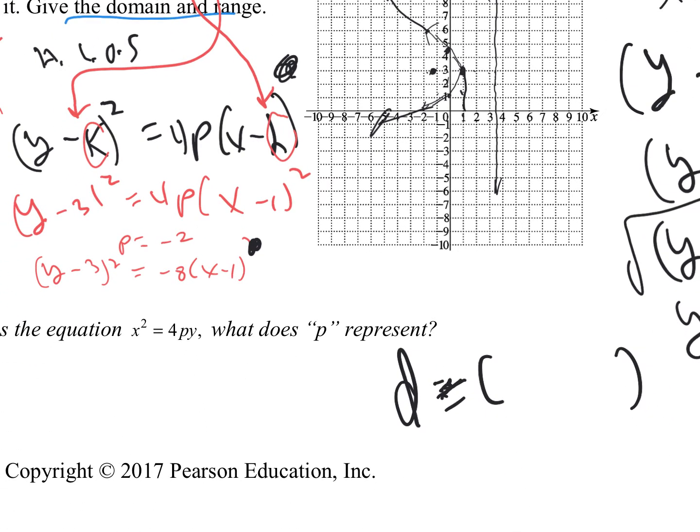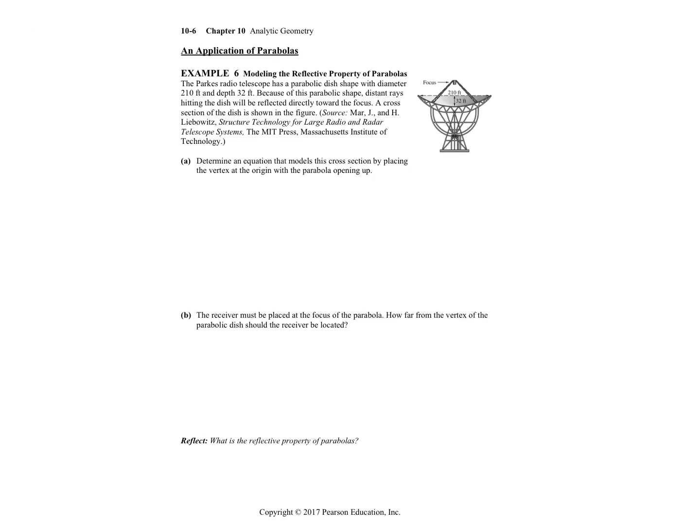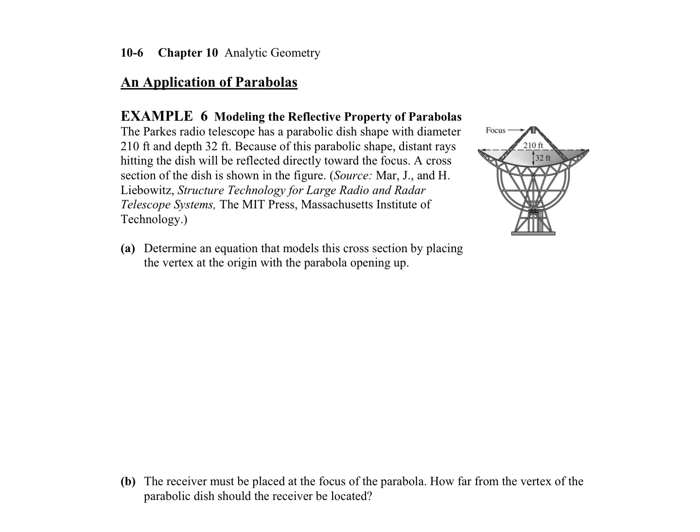So I'm going to go from negative infinity, open, all the way till we get to the 1, and I can close that. The range, though, it goes forever and ever up and down, negative infinity to infinity. Okay, I feel like I finished it. Do I want to do an application?